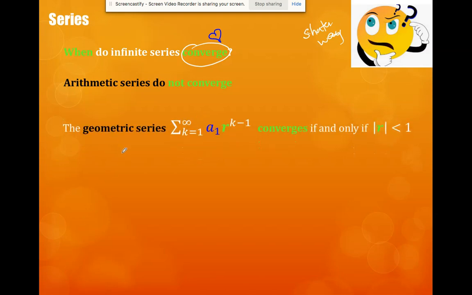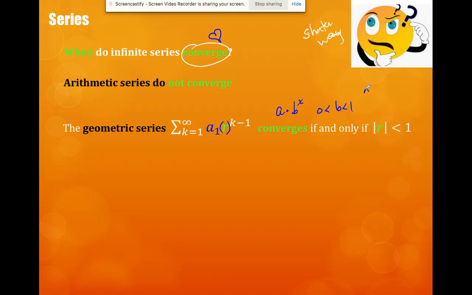However, a geometric series will converge if and only if that common ratio is strictly less than 1. This goes back to Algebra 2. In function land, if I had a times b to the x, if b was between 0 and 1, right?